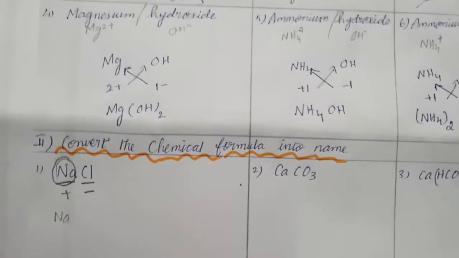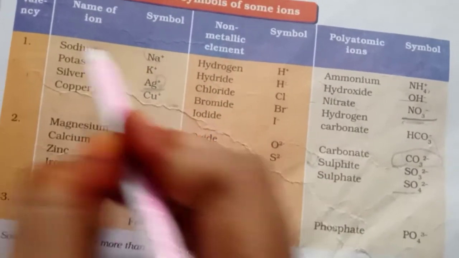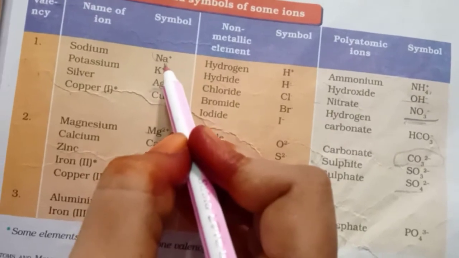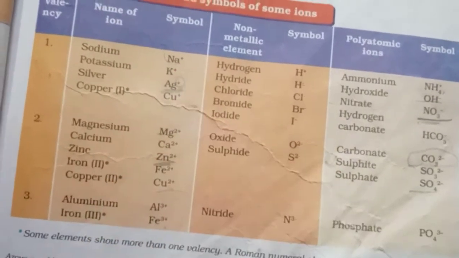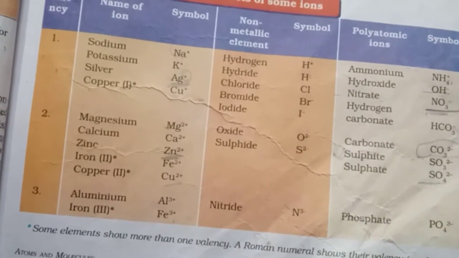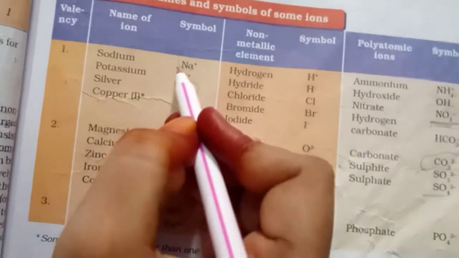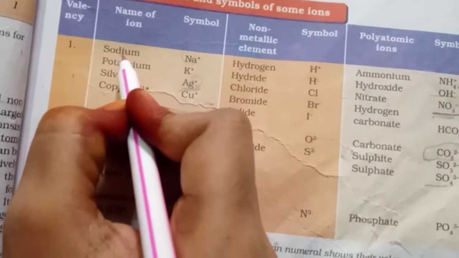What is the name of Na here? Na is a positive ion. First name should indicate the positive ion, second name should indicate the negative ion. First name is sodium. So what is the name of Na? Sodium. So we can write sodium.